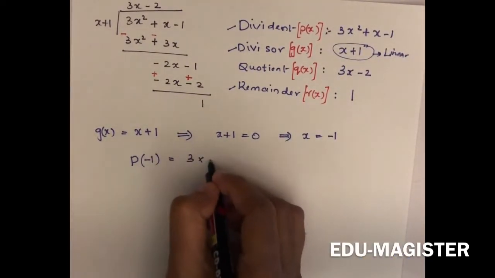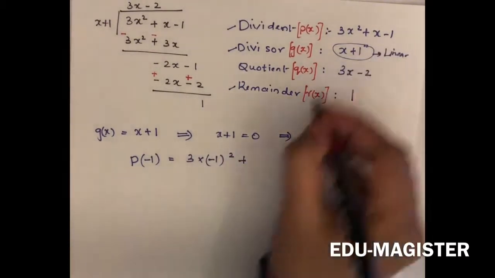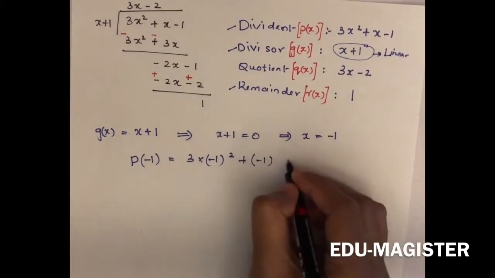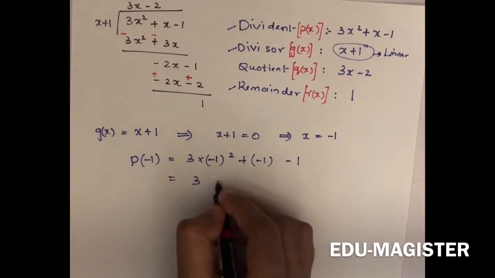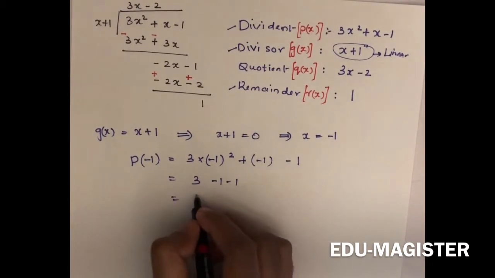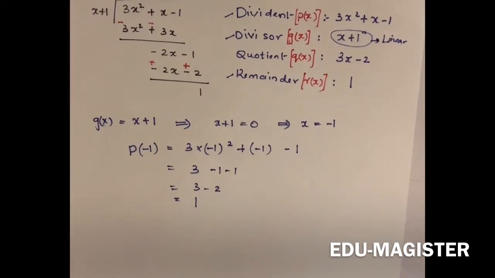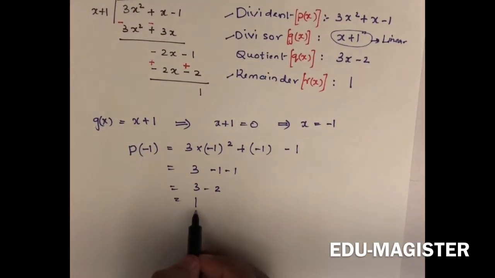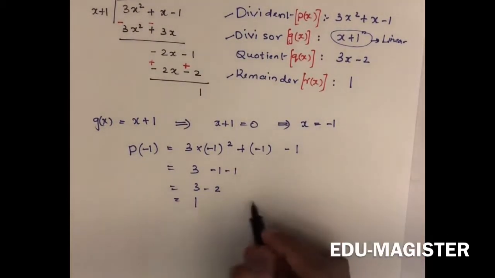So 3 into minus 1 square plus minus 1 minus 1. So this is 3 minus 1 minus 1. That's 3 minus 2 is equal to 1. Now, what is 1? Isn't that the remainder?